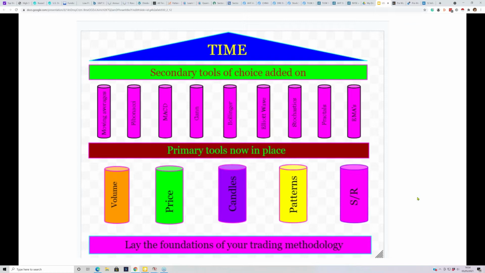Now that also is part of the VPA methodology, understanding what you're looking at in terms of the chart. Are you looking at an instrument that's in a trend? Is it in an accumulation phase? Is it in a congestion phase, and it's basically not going anywhere?